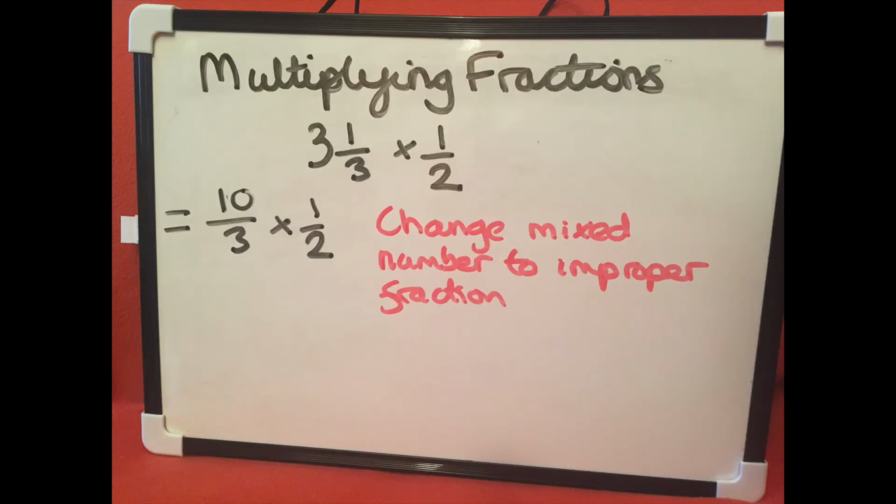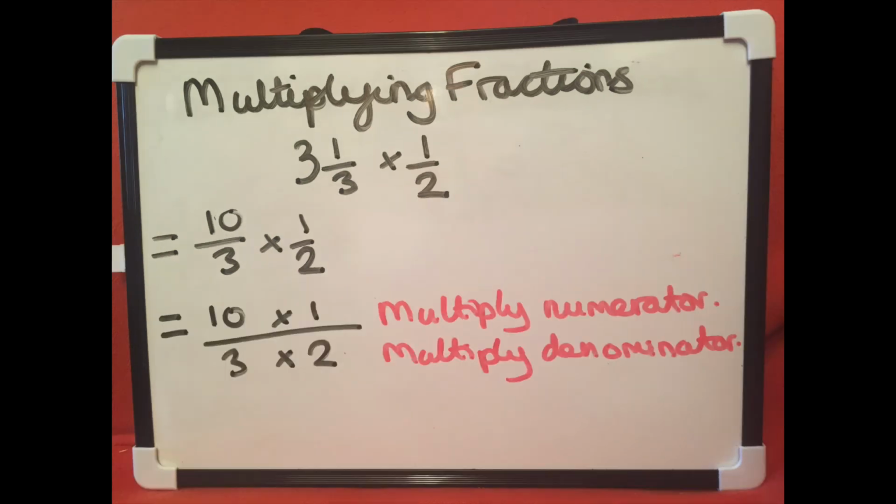We use the same techniques for multiplying fractions. We change our mixed number to an improper fraction, so 3 1/3 becomes 10/3, which we want to multiply by a half. This time we multiply our numerators and we multiply our denominators.